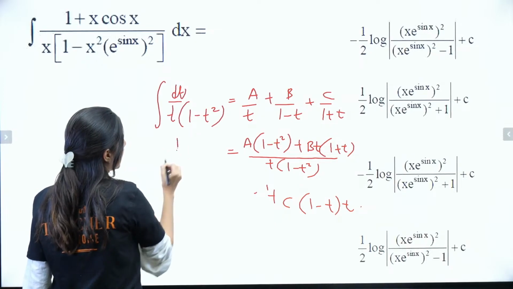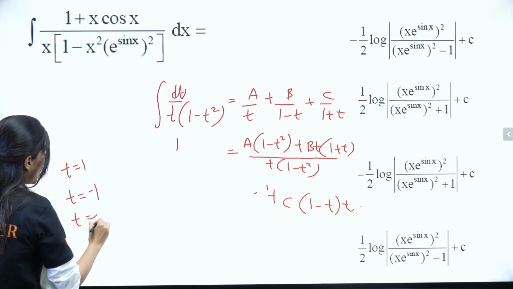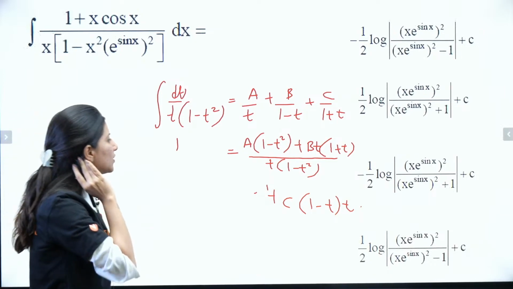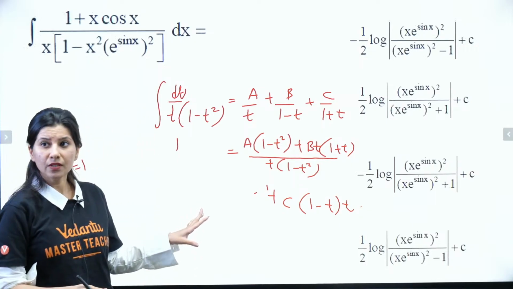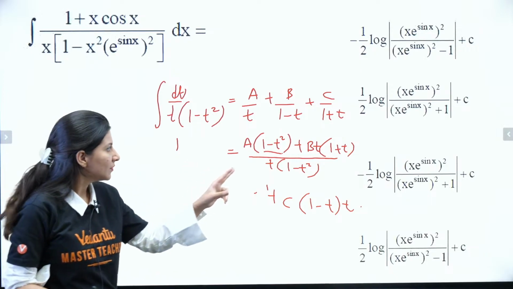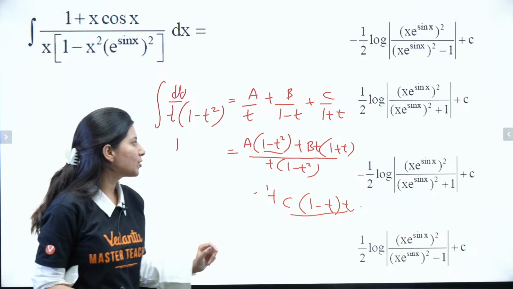The moment I put t equals 1, minus 1 and 0, I'm going to get the values of A, B and C. So the moment I put t equals 1, this will be gone. The moment I put t equals 1, this will also be gone, C option.